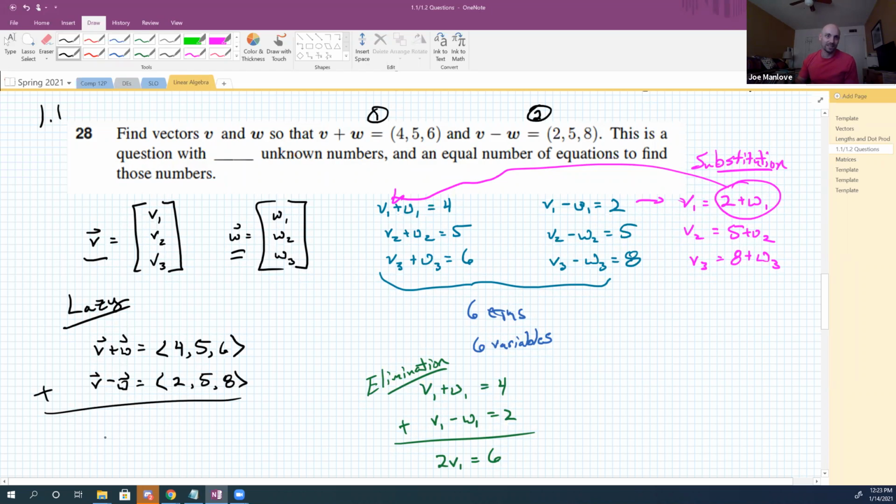Then the w's cancel, and you get 2v is 6, 10, 14 as a vector. So you get v is 3, 5, and 7. You guys see that over here in green, I got v1 is 3.